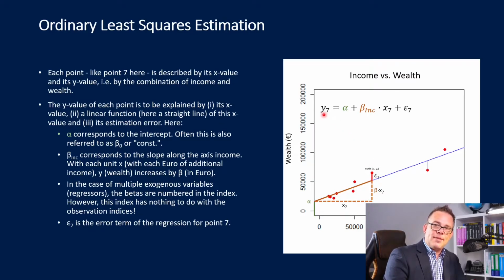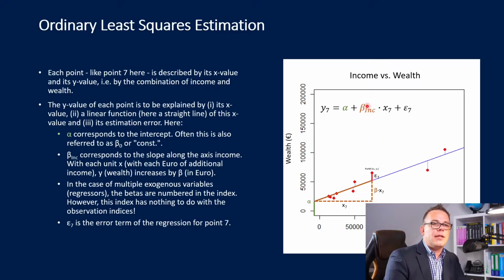So the epsilon value of the 7th point is composed of alpha, our regression constant, so we start here. We go from 0 to alpha. Then we go x7, so the x value of 7, to the right. And we go beta times x steps upwards.